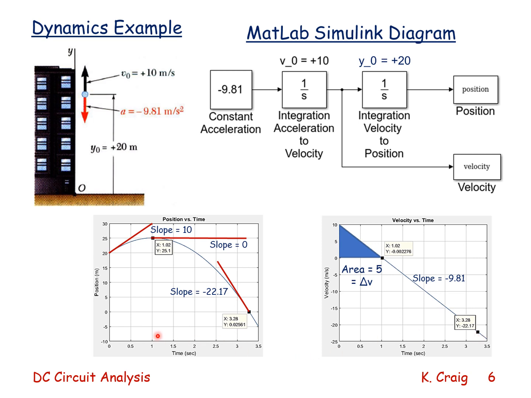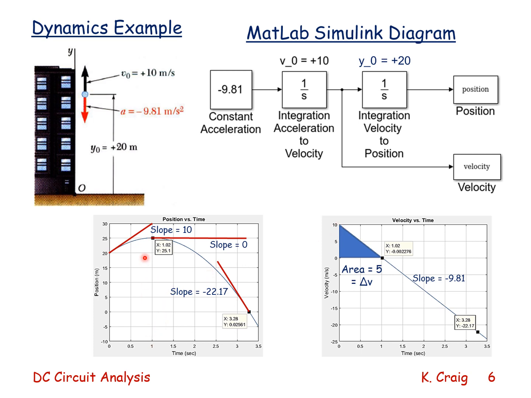So I see that the slope of the position versus time curve is equal to the velocity at that time instant. So the slope at time t equals 0 of the position versus time curve is equal to 10, and that is the initial velocity at time t equals 0.